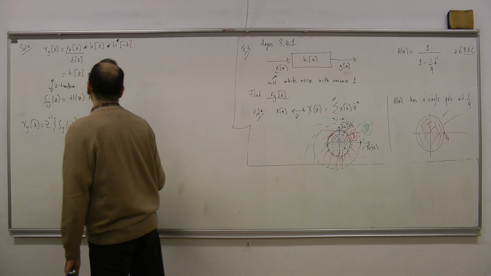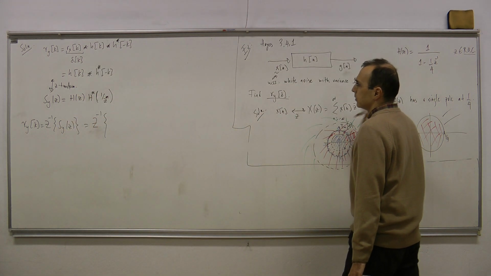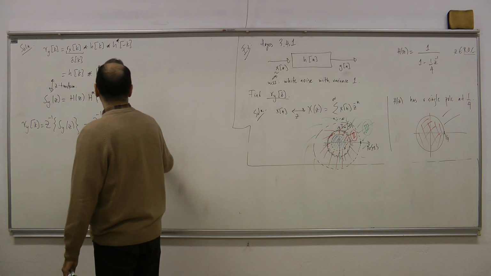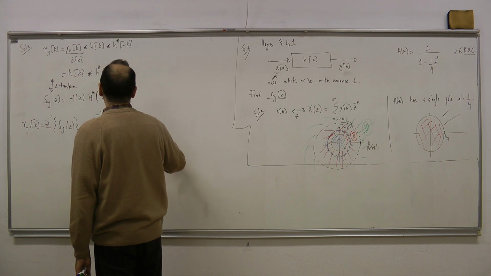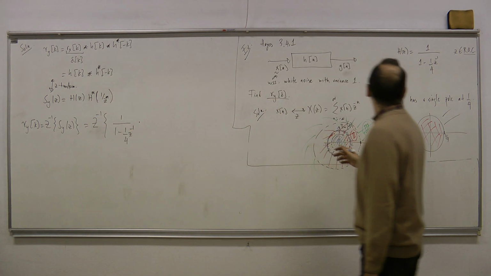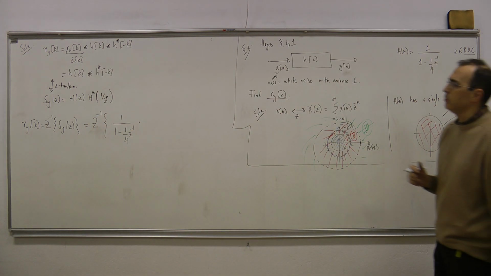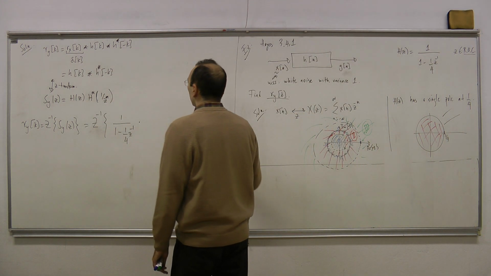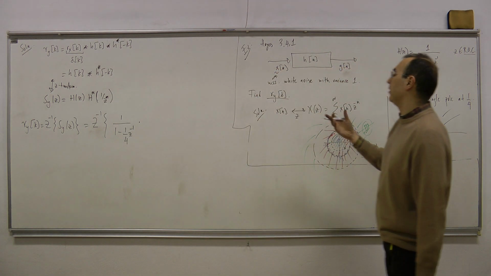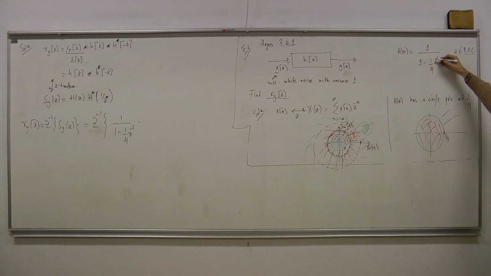Inverse Z transform of H of Z, this 1 over 1 minus 1 over 4 z inverse, times... Now if everything is real valued, you don't have to worry about these conjugates, or they will be canceling each other. You write conjugate over here, you take one more conjugate, then they cancel.